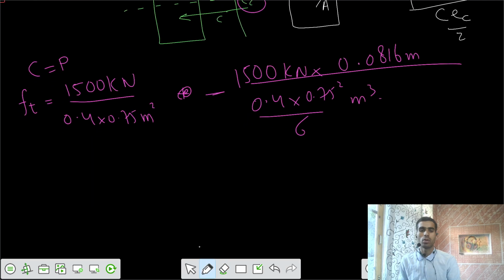The stress at the top would be exactly the same as in the previous method, that's 1.736 megapascal.